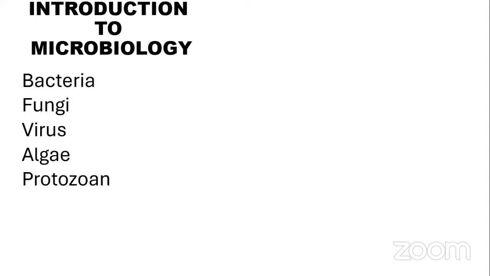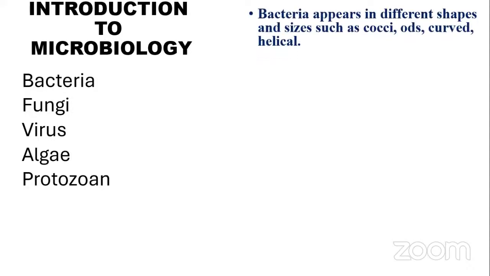What are bacteria? Bacteria are unicellular organisms that lack defined cell organelles, such as Golgi bodies. They are microscopic. That means you can only see them with the aid of a microscope.